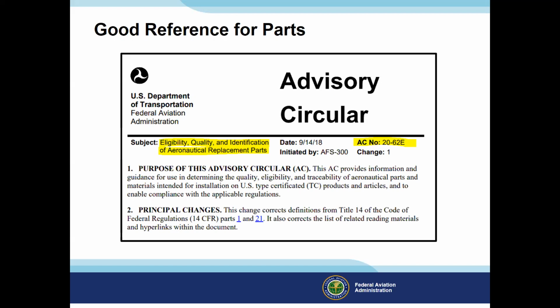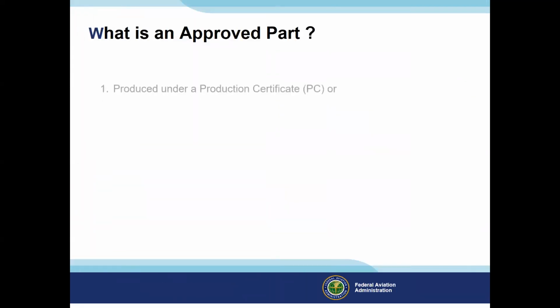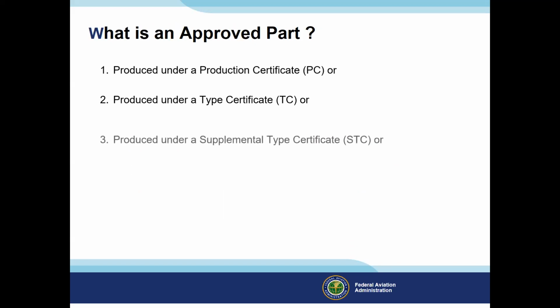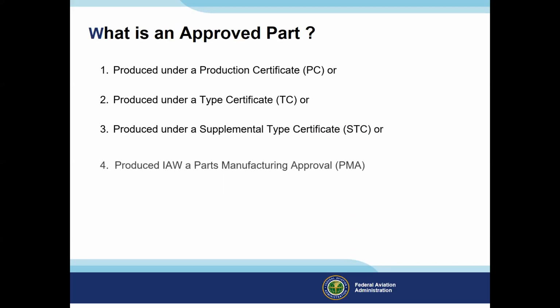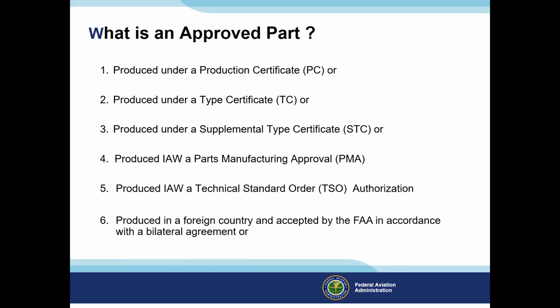And this AC is probably the best for that use. Next slide, Gary. So what is an approved part? Advisory Circular 21-29, Detecting and Reporting Suspected Unapproved Parts, lists 11 ways that a new part can be made.